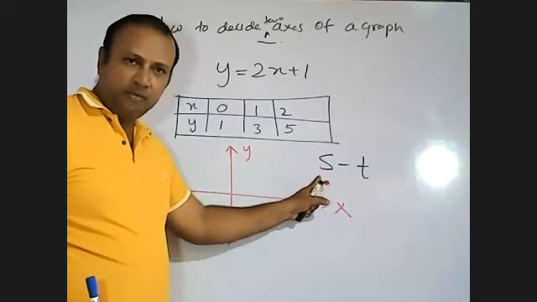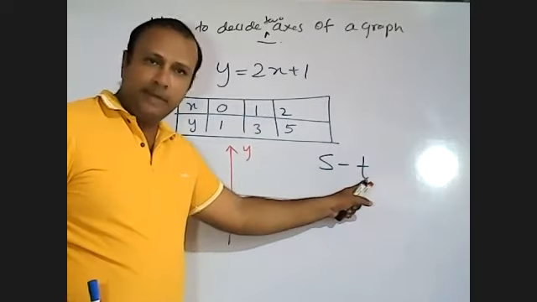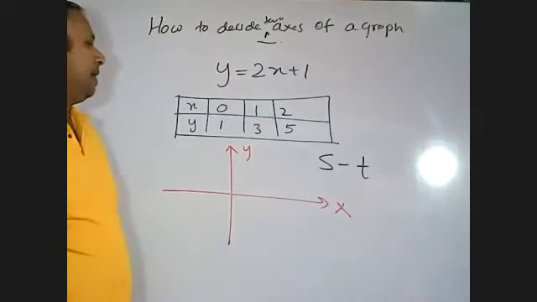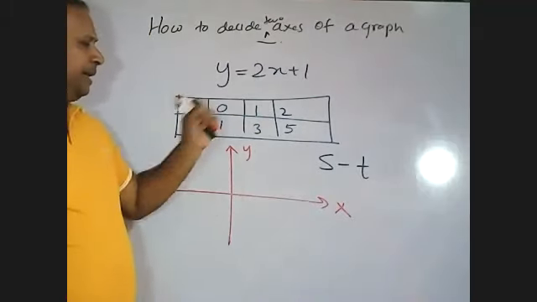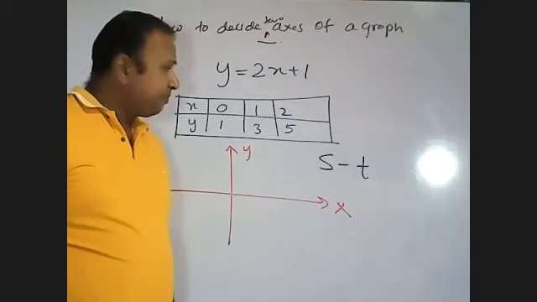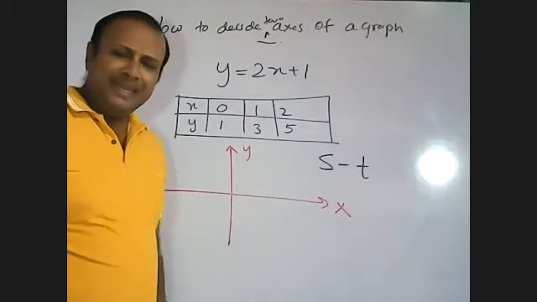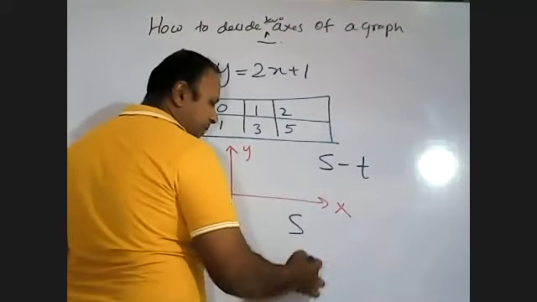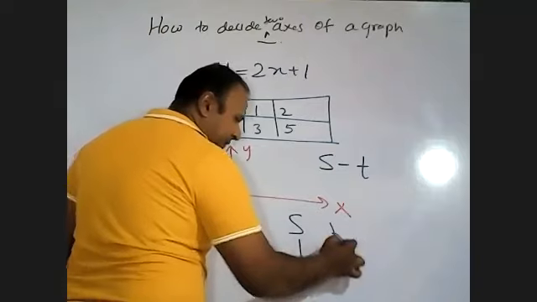The first one is displacement, the other one is time. Those are the two variables in the ST curve. One is S, the other one is T.